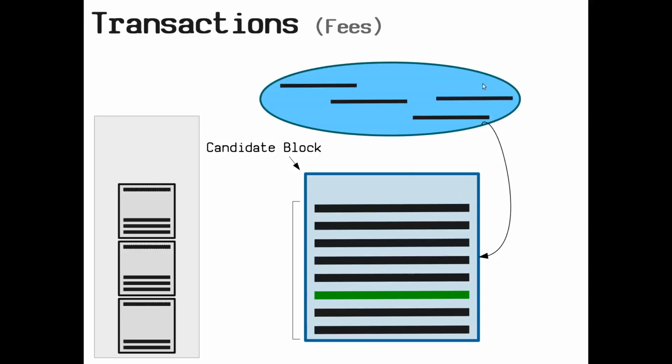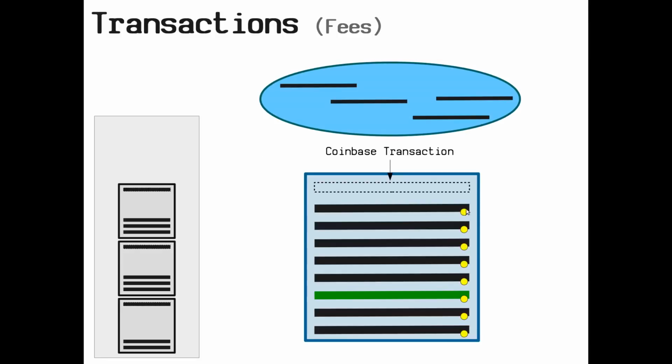So if there's more than 1.7 megabytes in the memory pool of transactions, a miner will select the transactions with the highest fees. Let's say these little yellow discs represent the fees. These are the highest fee transactions. The reason they do that is because they can collect all of these fees, or recycle all of the remainder of these transactions, into the Coinbase transaction.